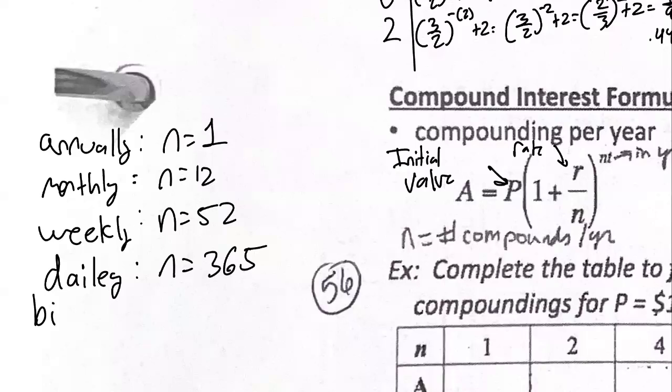Actually, let me look it up so I can give you all of them. When you're compounding annually, you're summing up the interest according to your n, the number of times.